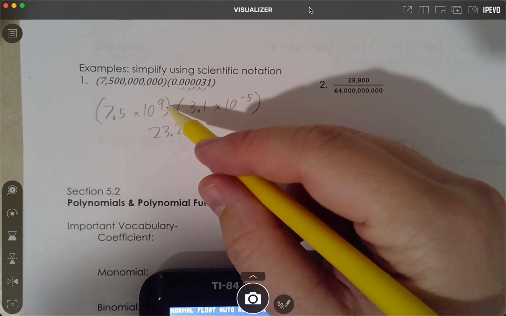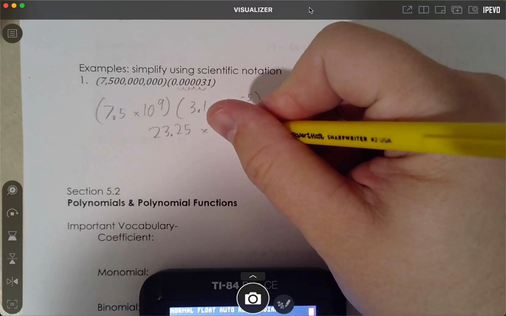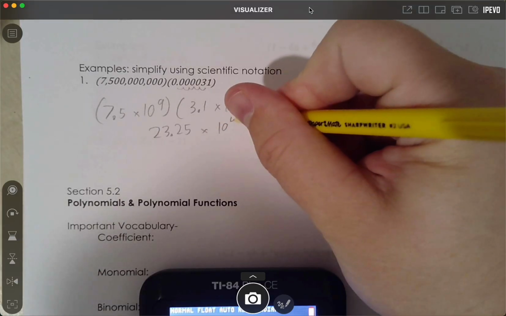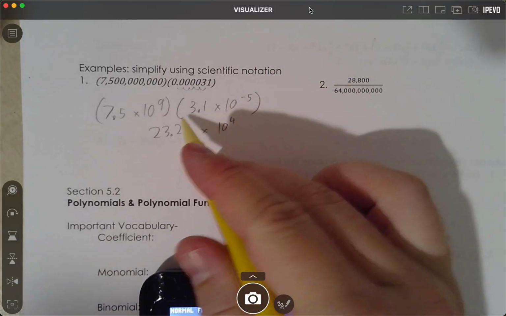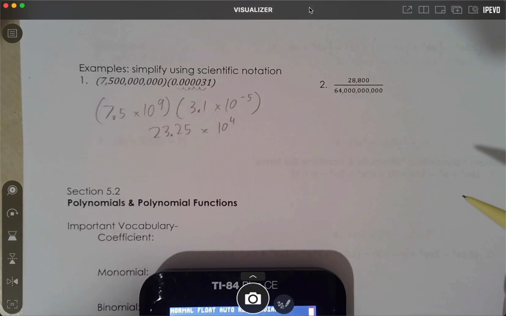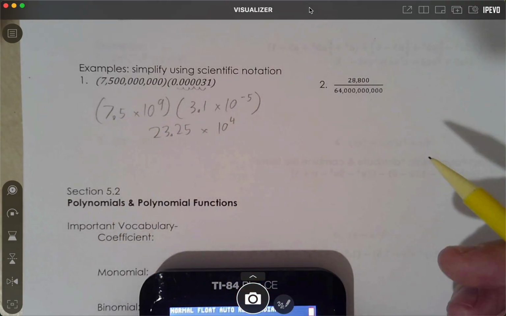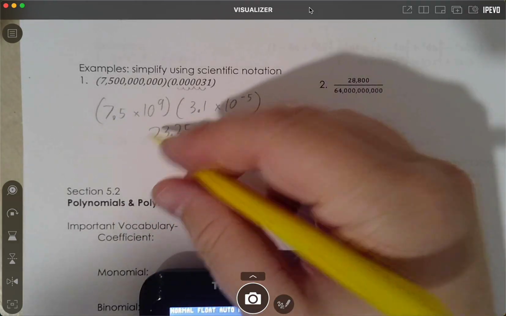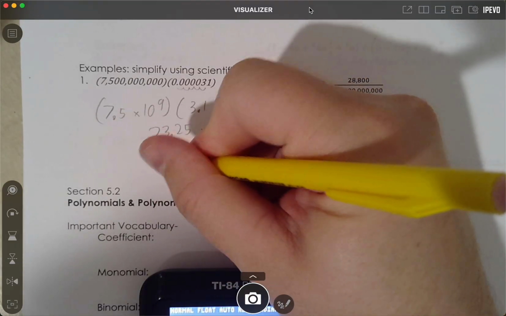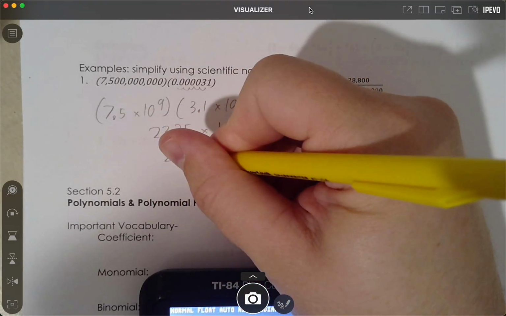I've got a 10 to the 9th times a 10 to the negative 5th. Those will combine, or in other words, add, but they're adding with a negative, so we end up with 10 to the 4th. Now we're almost done, except that this number produced by the multiplication is now bigger than between 1 and 10. So I need to move the decimal place over one more time.